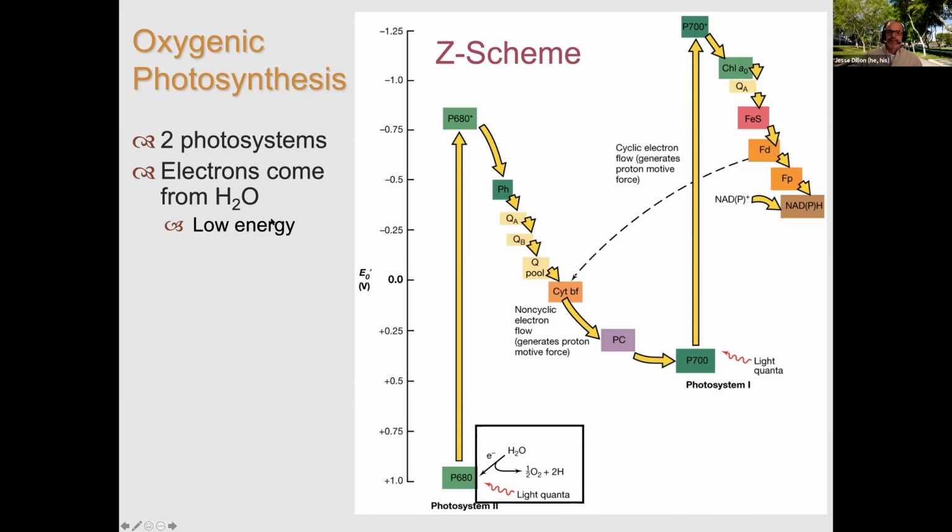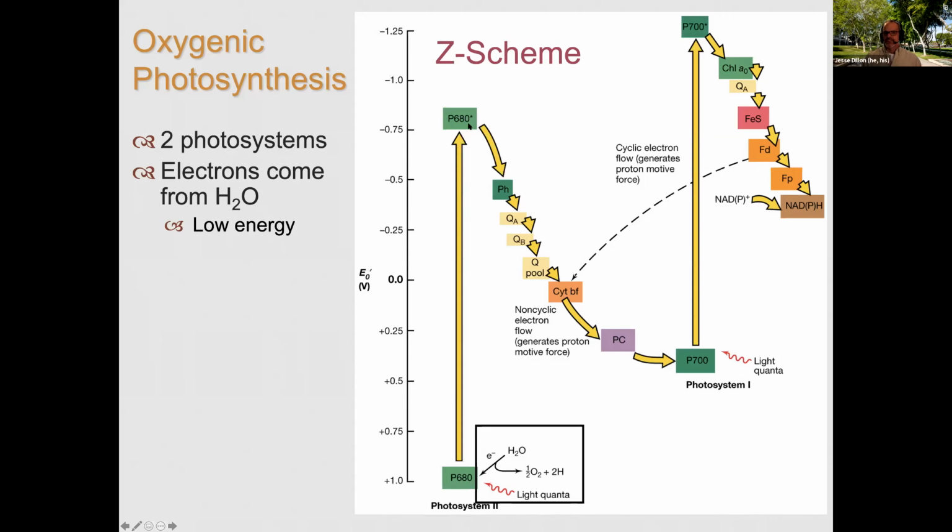So instead of sulfide as the source of electrons, we have water, okay? One of the problems with this is that water donates its electron at an exceedingly electropositive state. And so you really have to have 2 photons of light and 2 photosystems, because what you're doing is you excite it, but it doesn't go high enough to do what we need it to do.